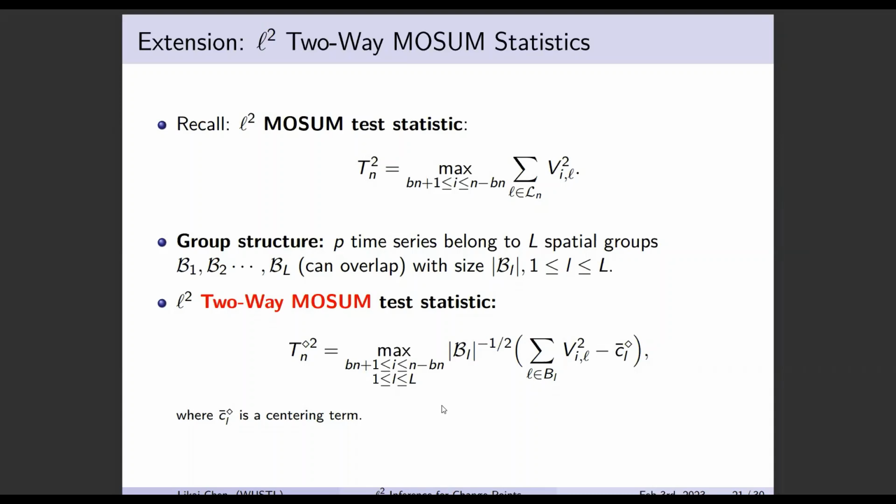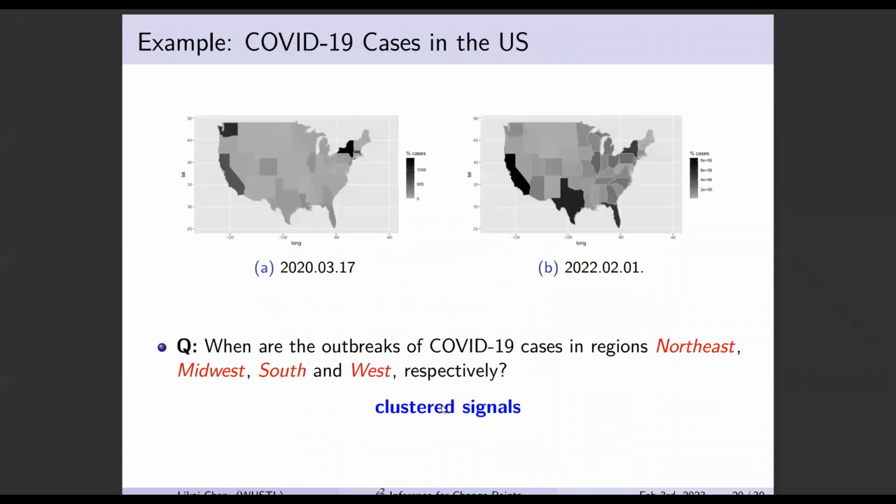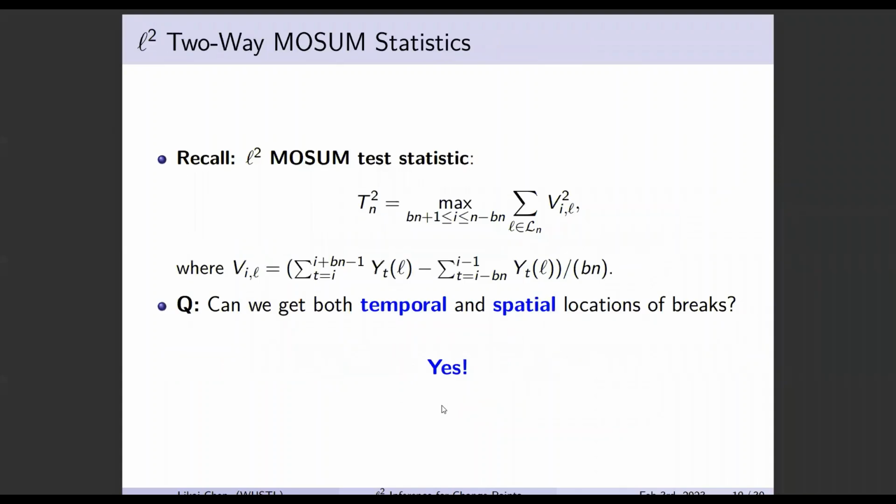But there are some other methods for bandwidth selection for this Moson type of statistic. For example, there are results about the multi-scale Moson statistic, which, instead of looking at the test statistic with a fixed bandwidth B, looks at multiple bandwidths and takes the maximum over them as the new statistic. Essentially we look at several bandwidths together.